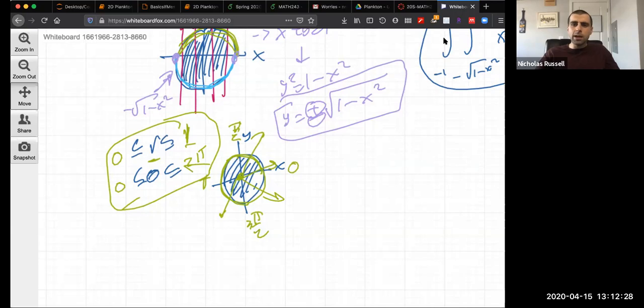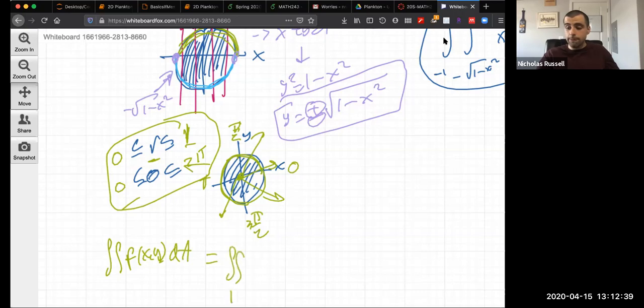Now, just as a reminder, what do we have to do to convert to polar coordinates? If I have something like f of x, y, dA, what do I have to do? Well, I exchange my x for r cosine of theta, and my y for r sine of theta. And then I have to be very careful, because I also multiply by r.